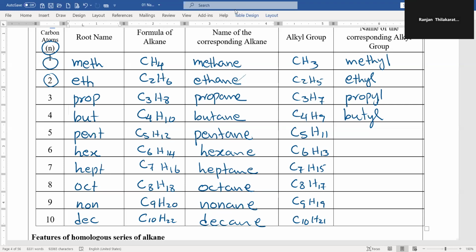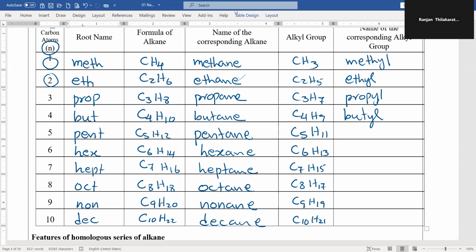That means you need to know how to write down the names up to the 6 carbon, meaning hex. But if you go through the past papers carefully, you will see that there were some questions having more than 6 carbon in previous papers, right? But not in the recent papers.